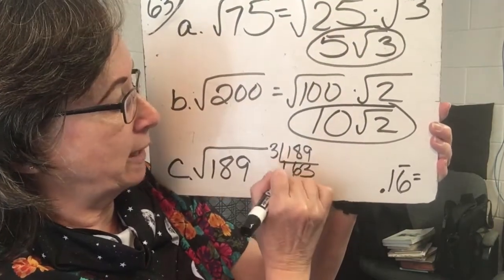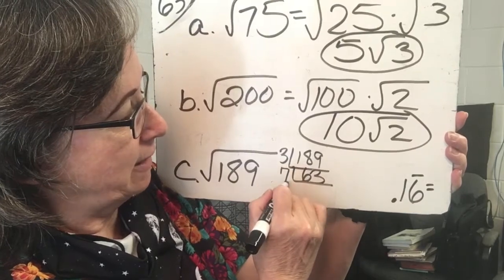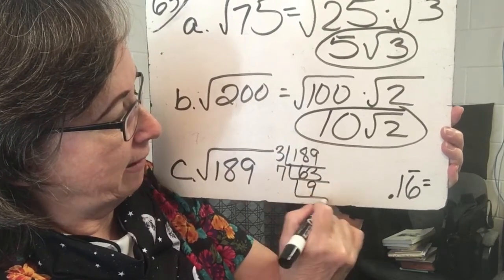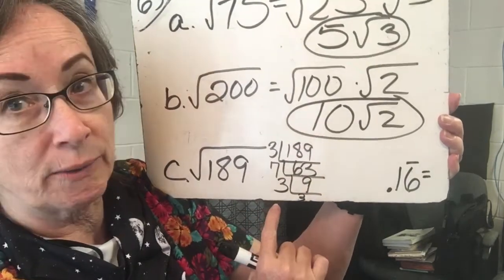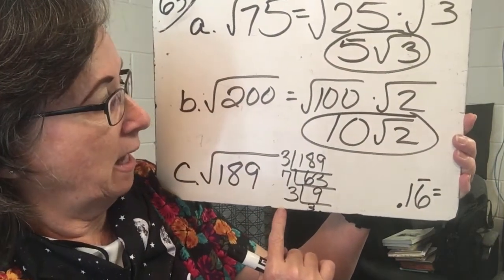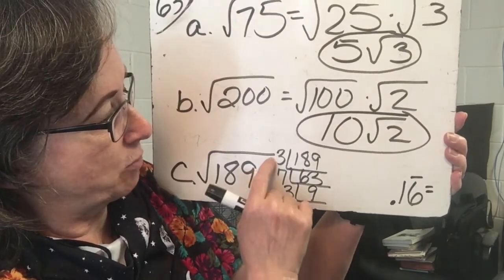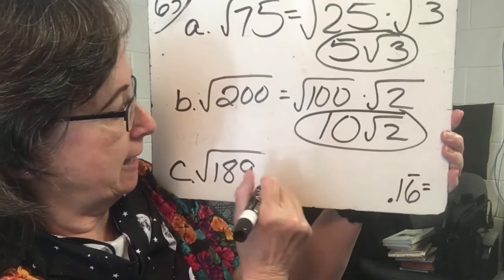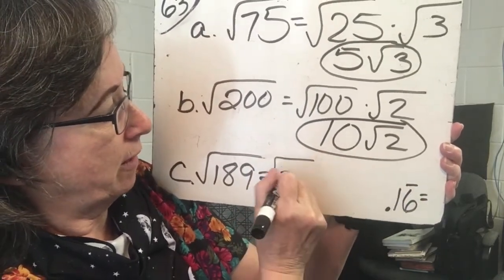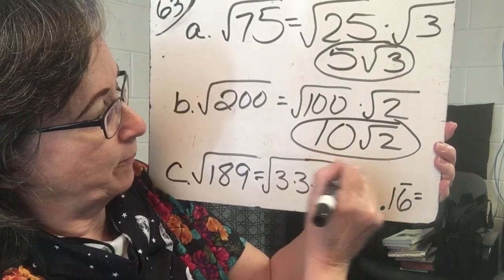And I know to break 63 up into a 7 and a 9, and then a 3 and a 3. So this one I'll go ahead and do with the square root method. So we're going to have 3 times 3 times 3 times 7. So we're going to write this as equal to the square root of 3 times 3 times 3 times 7.